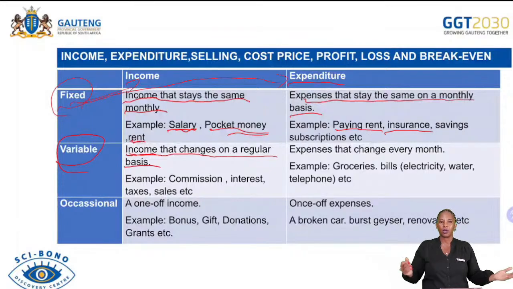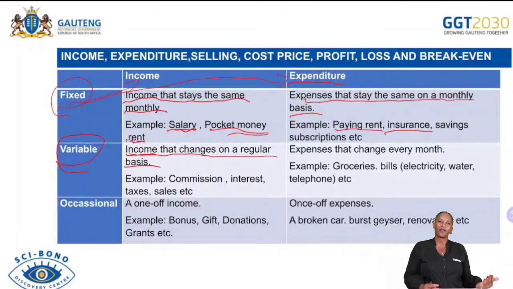Or when you talk about interest in simple terms, if I've invested whatever amount, it will be a variable one, because this month I only saved 1,000 rand, and on that savings maybe they're paying me 1%. So what will be the 1% of the 1,000 rand?